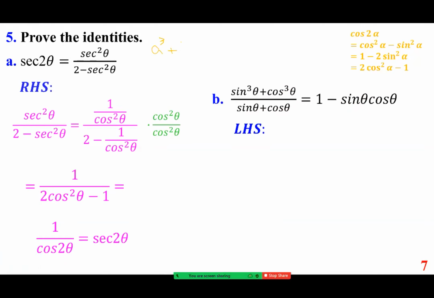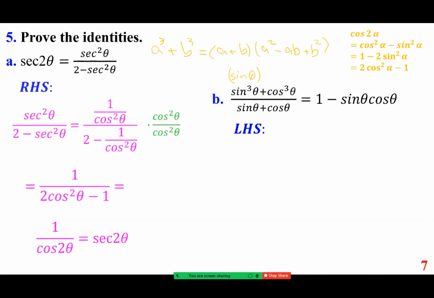a cubed plus b cubed can be factored into a plus b times a squared minus ab plus b squared.